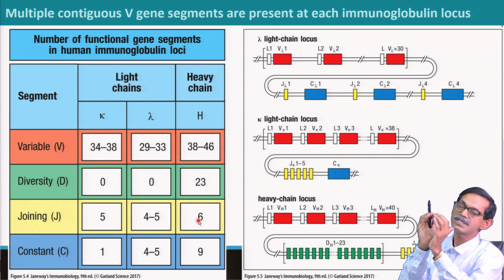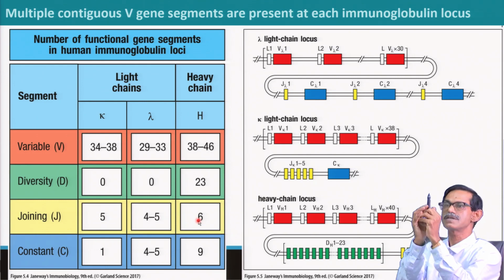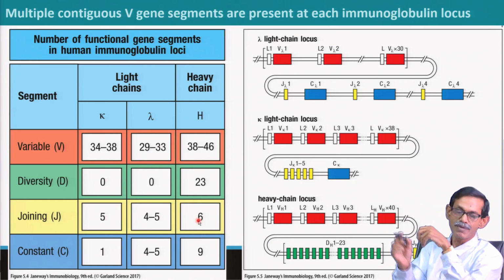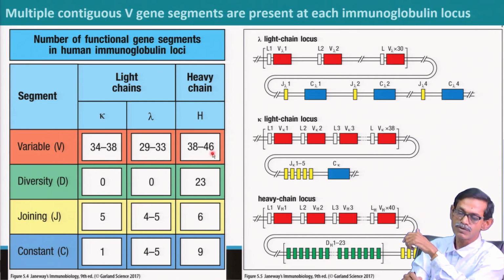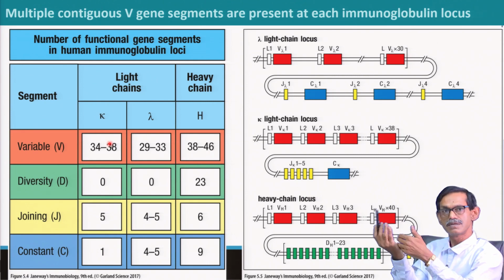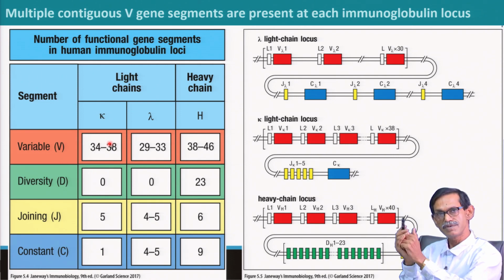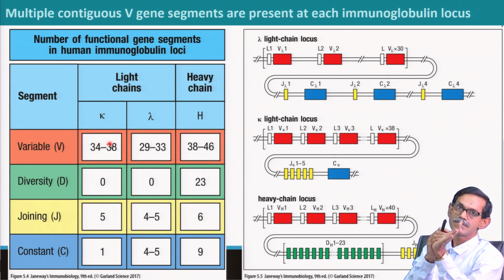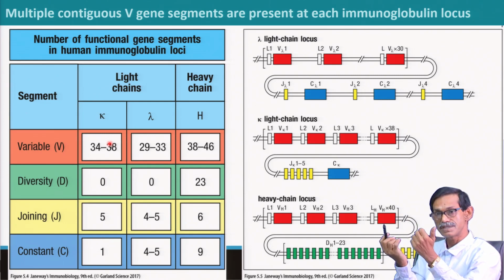So any B cell receptor will have either kappa or lambda. To calculate how many total antibodies are possible, we multiply the total number of heavy chains by kappa chains, because any kappa chain can assemble with any heavy chain. Similarly, any lambda chain can assemble with any heavy chain. So the total is the number of kappa-containing antibodies plus the number of lambda-containing antibodies. This is the diversity.